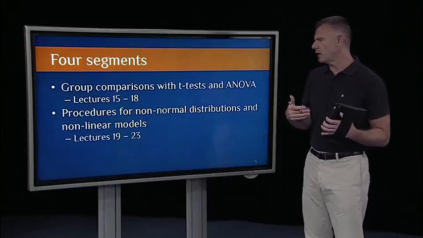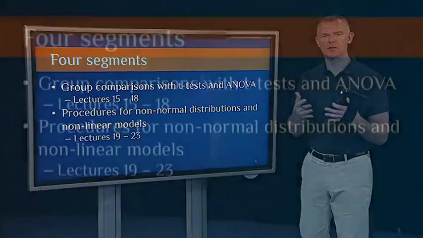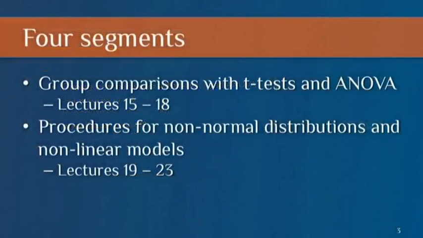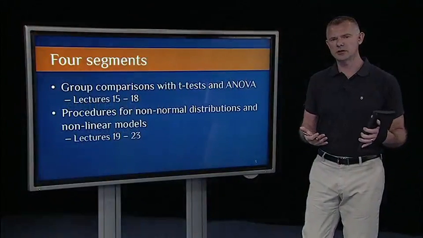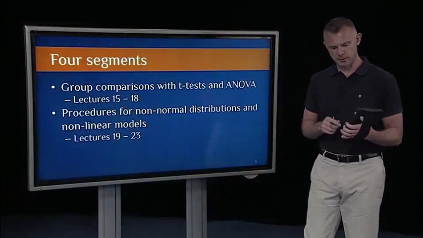In the third segment, I'll review group comparisons, so that's the t-tests and ANOVA lectures. And then finally, the last piece of the semester was dealing with non-normal distributions or non-linear relationships between predictors and outcomes. So we'll deal with that in the last segment.